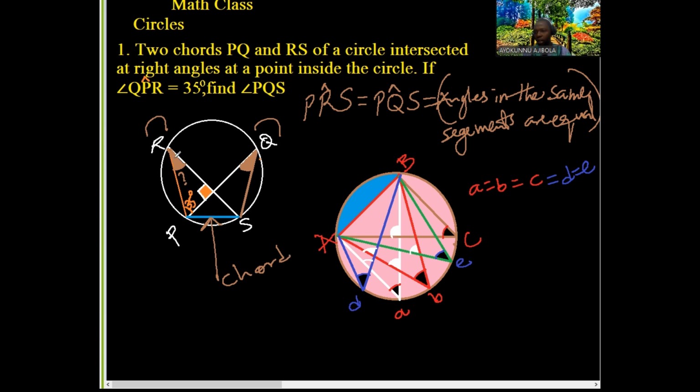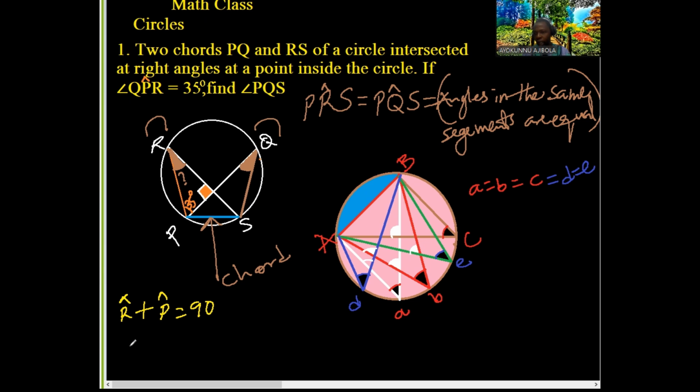So back to the question we were given. We need to find the angle at R based on what Moses did, which is R plus P. Angle at R plus angle at P is 90. Since it's in a triangle, that's a right angle. So angle at R plus angle at P is 90.